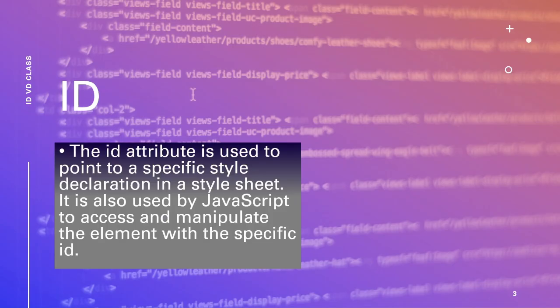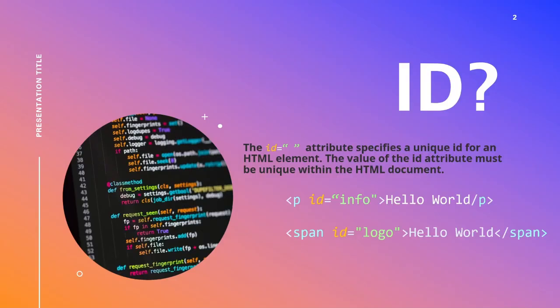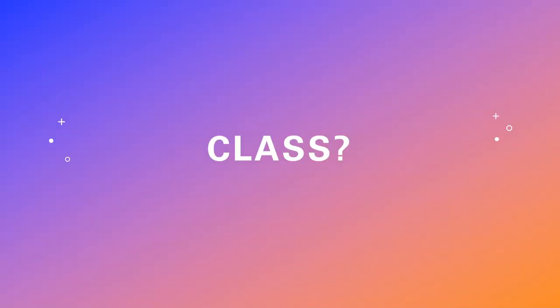Now an ID also is an attribute that is used to point to a specific style declaration in a style sheet, and is also used by JavaScript to access and manipulate the element with a specific ID. So like before, this is a way for you to uniquely identify an element that you don't want to be affected.